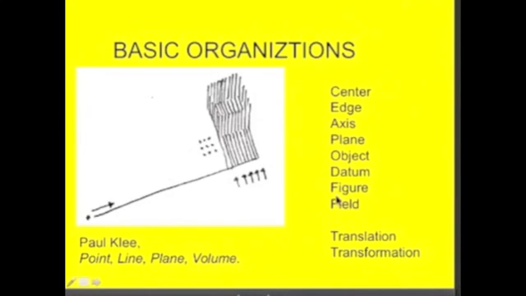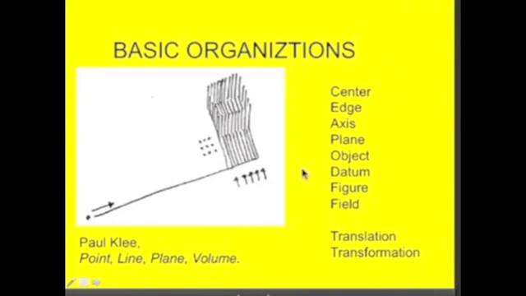For example, this little drawing is by the Swiss artist Paul Klee, and he's talking about something that is true. It's a Pythagorean progression, and it's the relationship between different geometrical conditions. The idea of point. If you drag a point in space, what do you get? A line. If you drag a line in space, you get lots of little points marching forward.